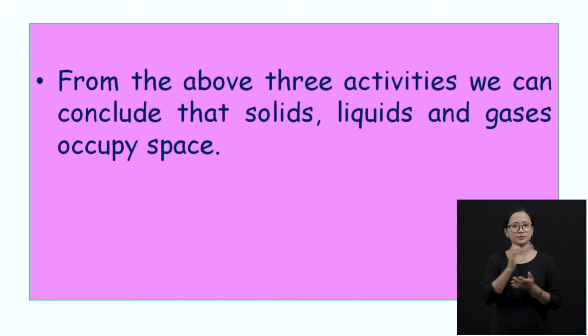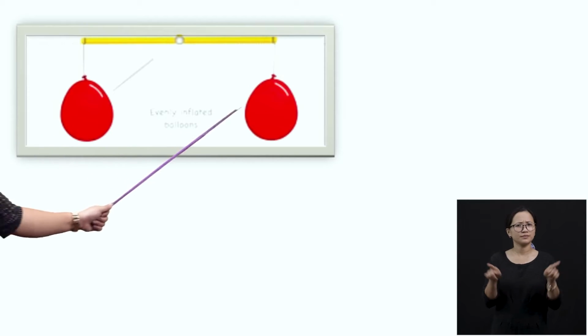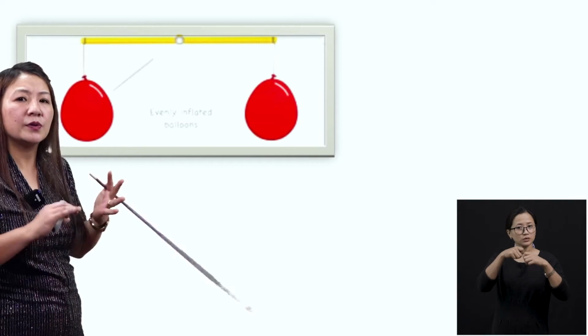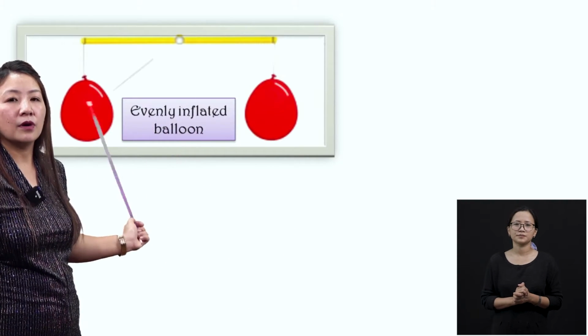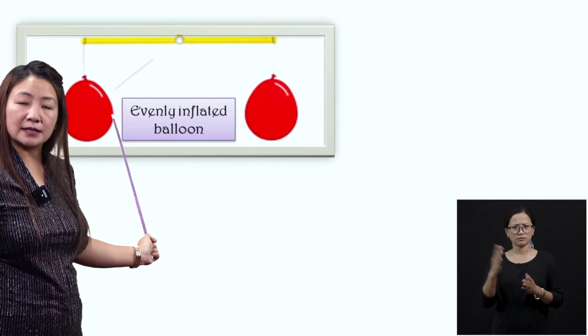Now let us do another activity. If you have balloons at home, take two of the same size and blow them equally. This is an evenly inflated balloon. Both of these balloons are the same size, isn't it?